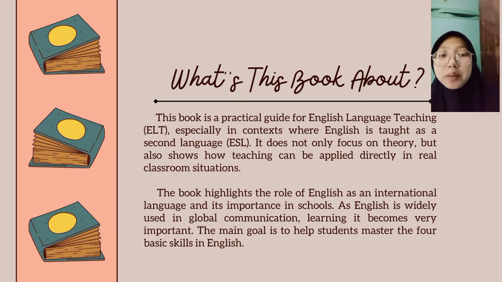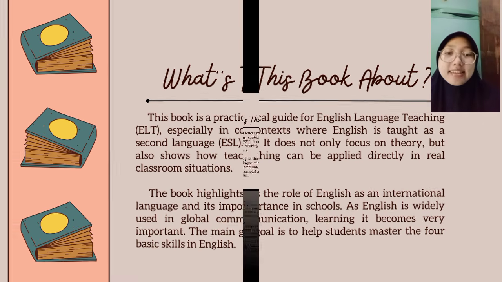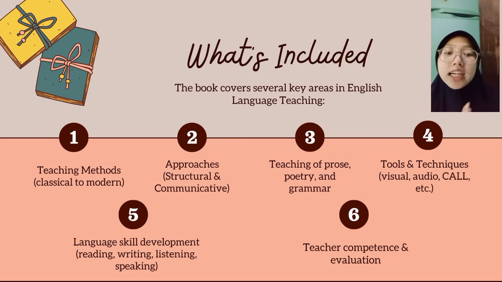And then, the main goal of this book is to help students develop the four basic English skills, which are listening, speaking, reading, and writing, using proper teaching methods and techniques. And then, this book covers several key areas in English language teaching.